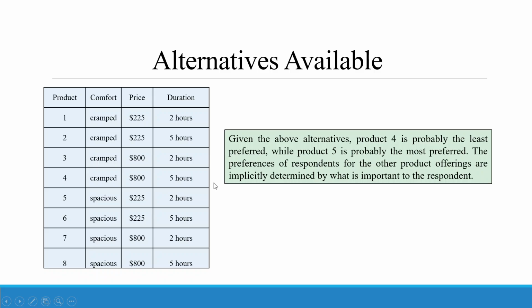And the least preferred, cramped, $800, 5 hours is the least preferred. The profile 5 is most preferred, so we will give the first rank to the fifth, and we will go on giving the rank, and the last rank will be for this fourth profile. So possibly it will get the 8th rank. 8 profiles, 8 ranks.